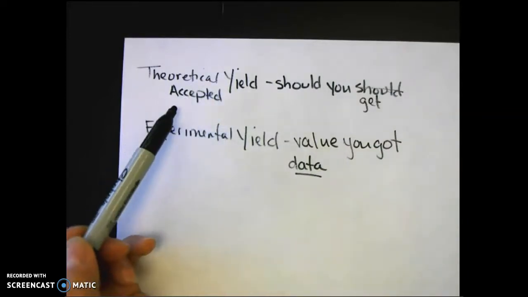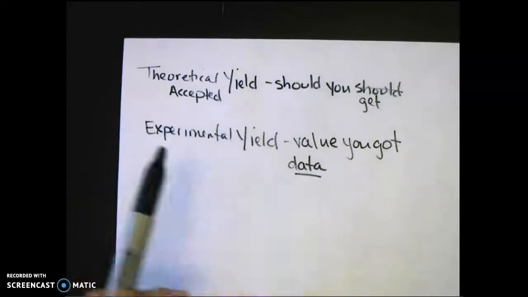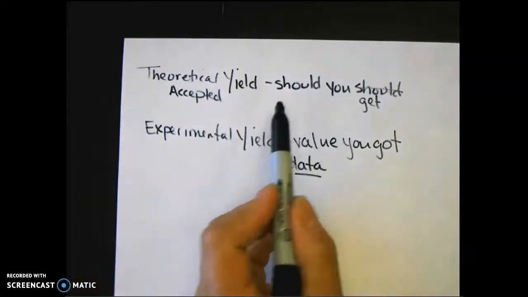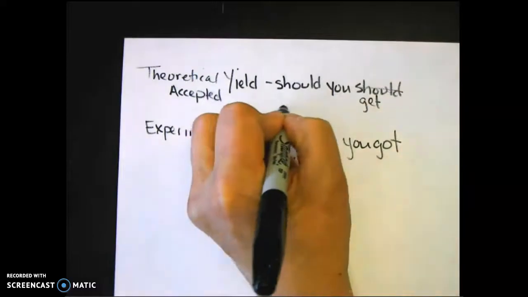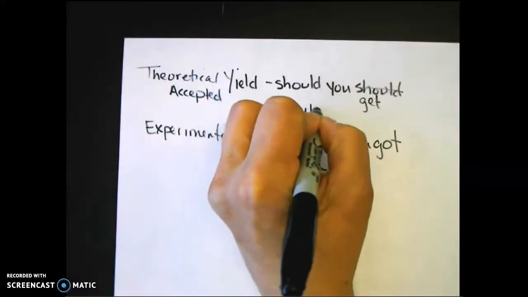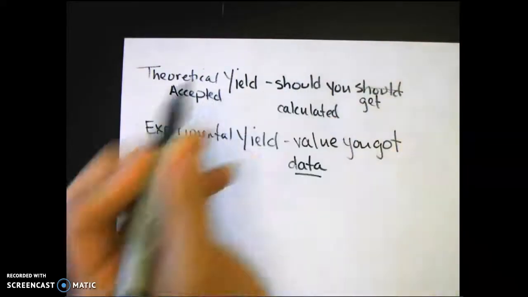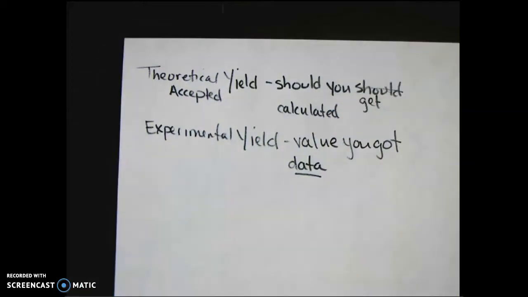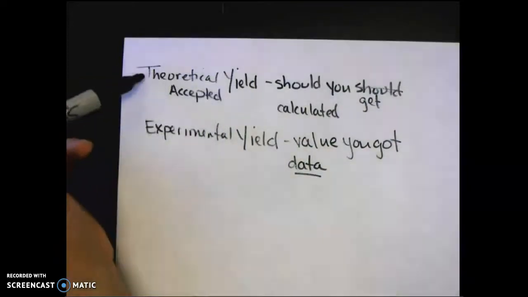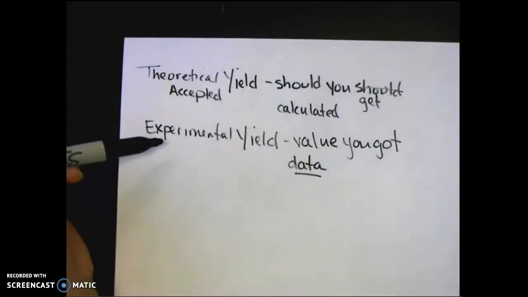Other times it's actually what you calculate. So experimental yield is what you measure, but theoretical yield is sometimes going to be your calculated value. At this point, you probably don't really understand what I mean by that, but that's okay. We'll get to that eventually. Nevertheless, this is what you're supposed to get versus this is what you actually got.